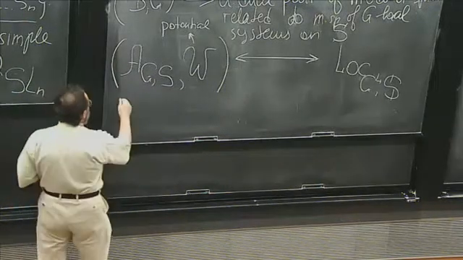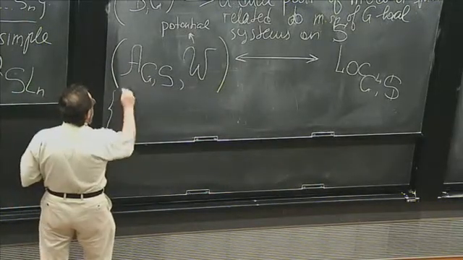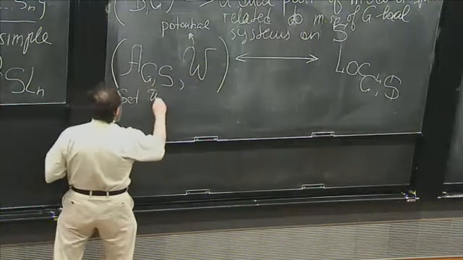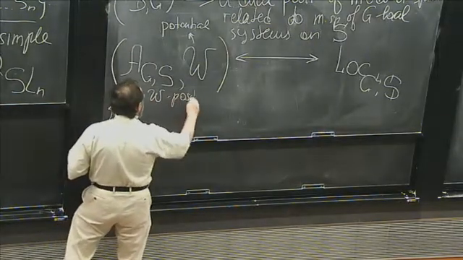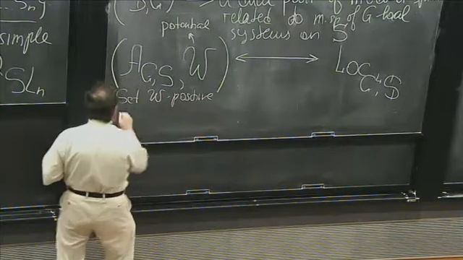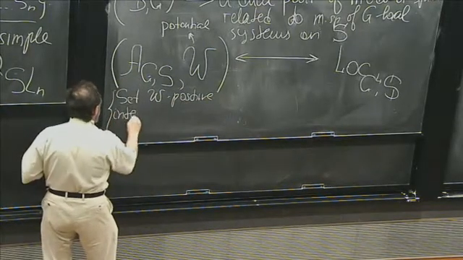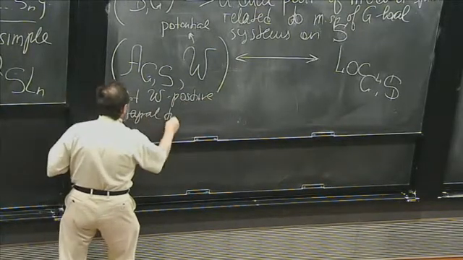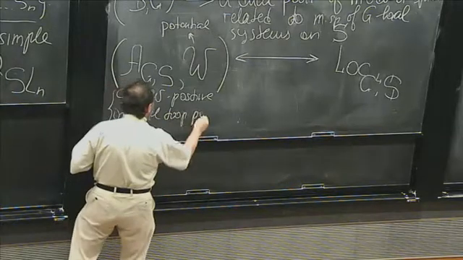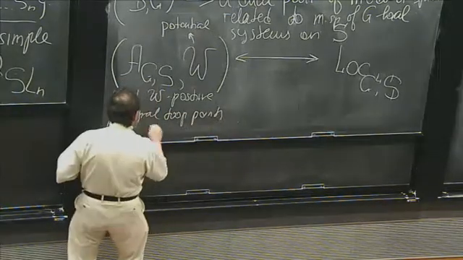I will define something which I'll call a set of W positive integral tropical points of this A space.